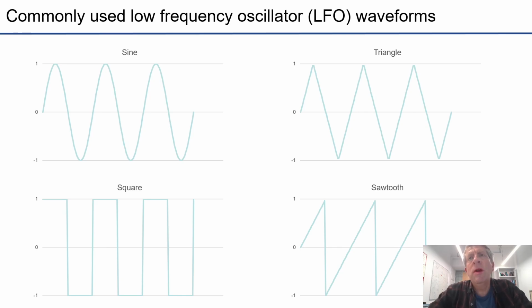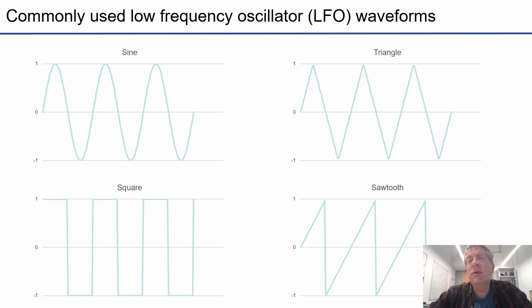Okay, so we have the sine wave, sinusoidal, as you know. The triangle wave, or triangular wave, forms the shape of a triangle and then repeats the same shape over and over. The square wave simply jumps from one value near the top to another value near the bottom, back and forth.